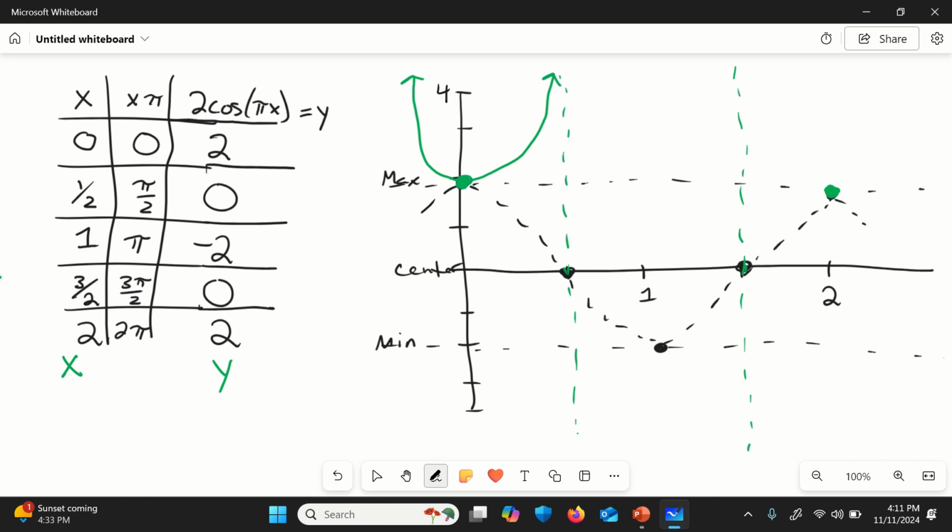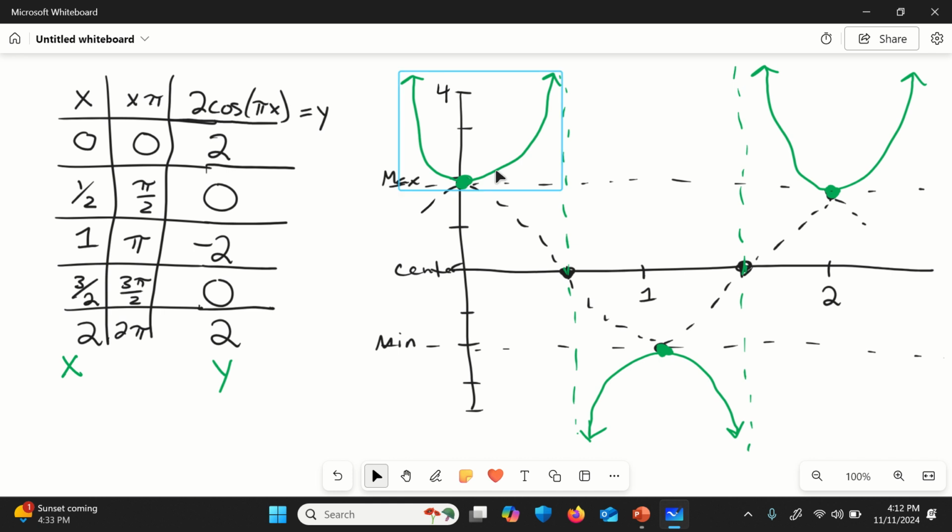So there are 2 maximum values shown in my period. So I have 2 U shapes going up. And where you have a minimum, you will have a U shape coming down in between the asymptotes. It should not cross the asymptotes, and it should touch that same minimum or maximum point. So these methods can be used both for graphing secant and cosecant.